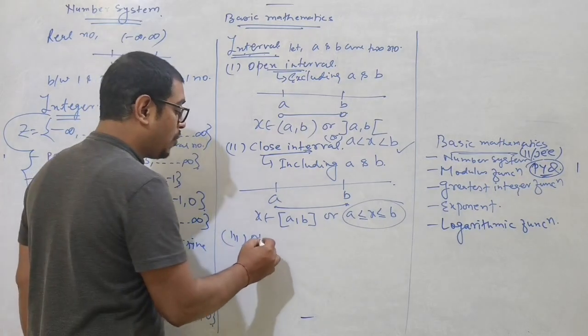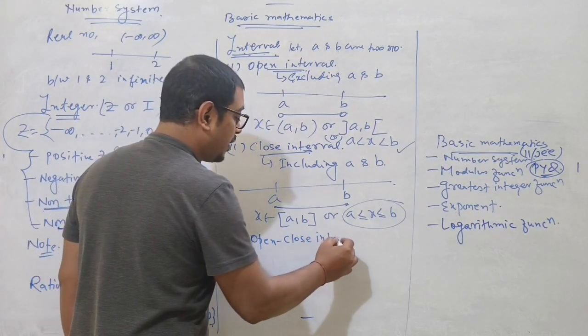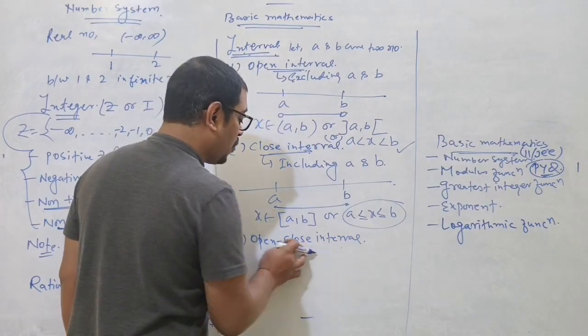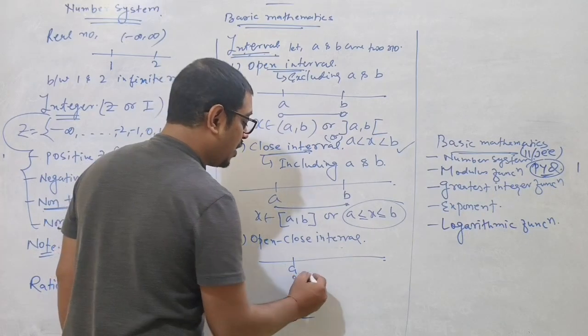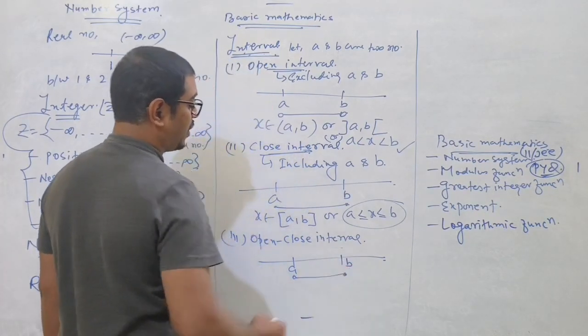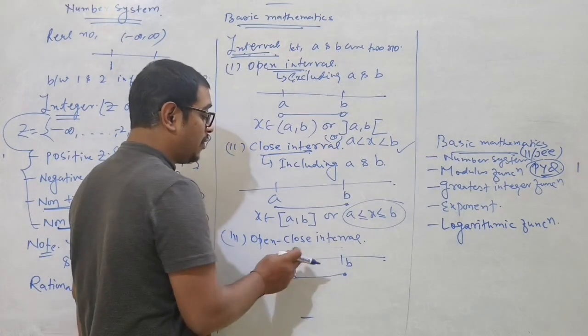Third is your open closed interval. So what comes under open closed? It is simple. Open means a is excluded and closed means b is included.